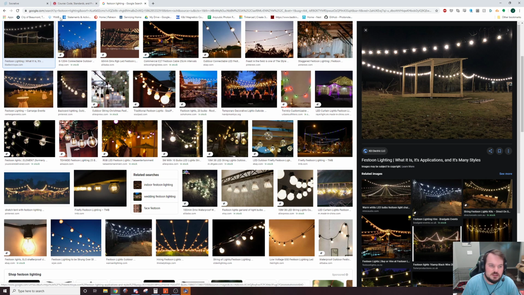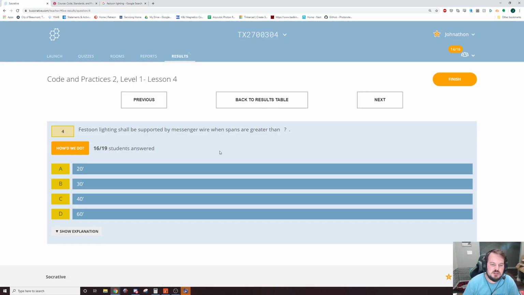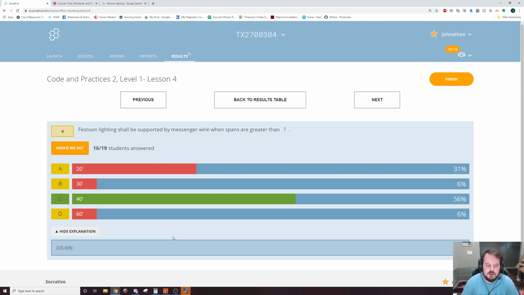The Christmas lights, that's festoon lighting. And it has to be supported by messenger wire if you go further than 40 foot with your span. That's 225.6(B). Point 6 is the festoon lighting. Or no, it's overhead spans and then festoon lighting.